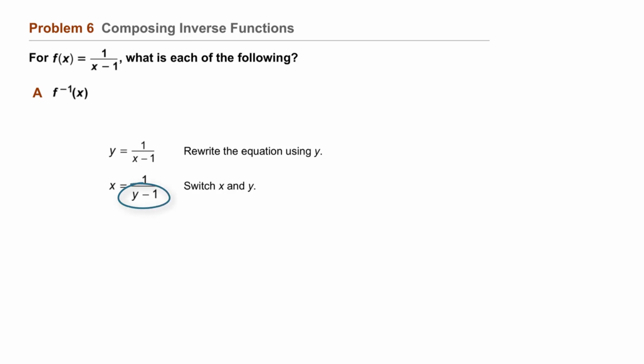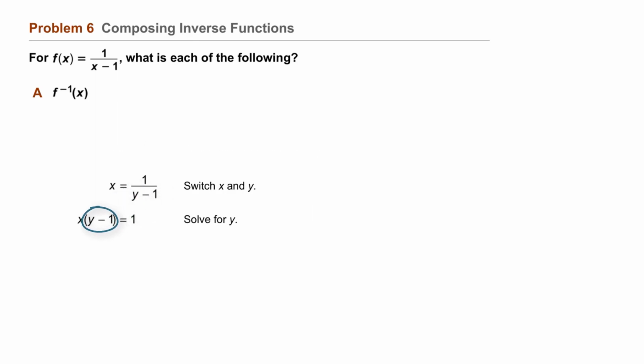Note y for the time being is kind of stuck in the denominator of the fraction on the right. So what we'll do is multiply each side of the equation by the entire denominator, y minus 1. So on the left we have x times the quantity y minus 1, and on the right, 1. Then we'll divide each side by x as we work to isolate y.